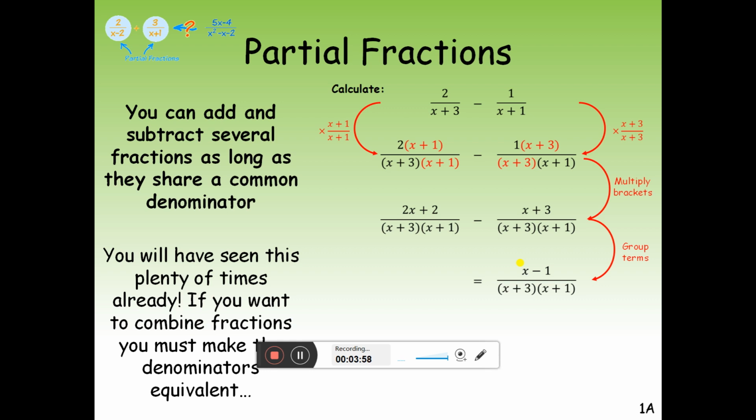The 2x minus x will be equal to x, and 2 minus 3 will be equal to minus 1. Like this, we take the LCM of fractions which have algebraic terms, that is x.